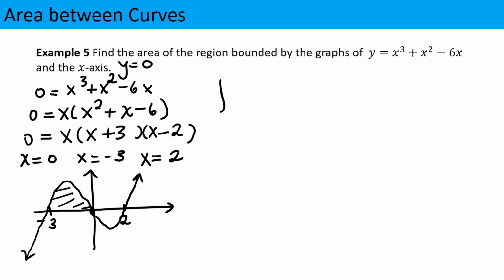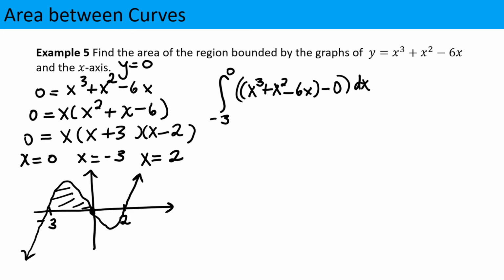So we want the integral from -3 to 0 of the top function, which is x cubed plus x squared minus 6x, minus the bottom function, which is just the x-axis or 0. There's really no need to write that.